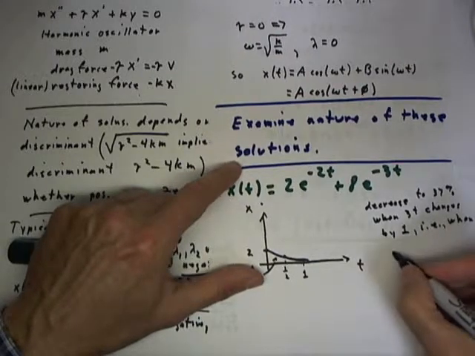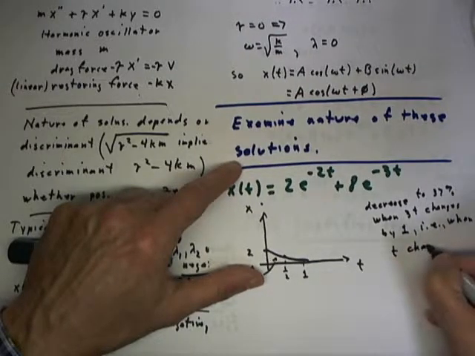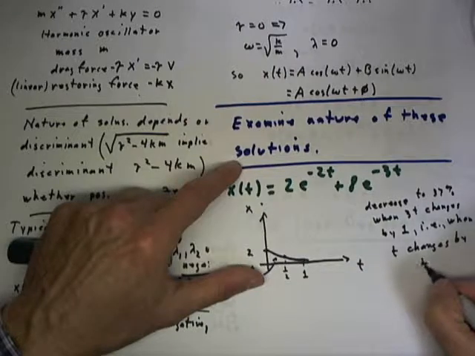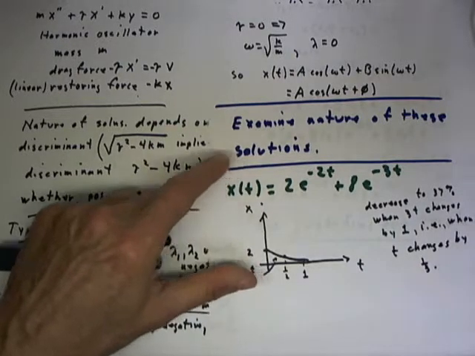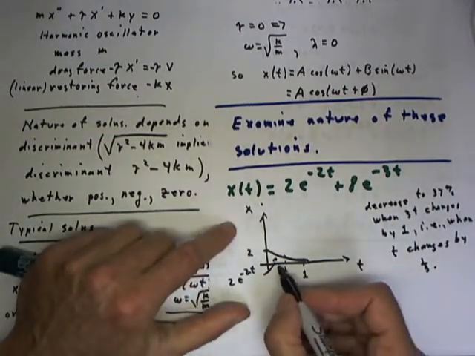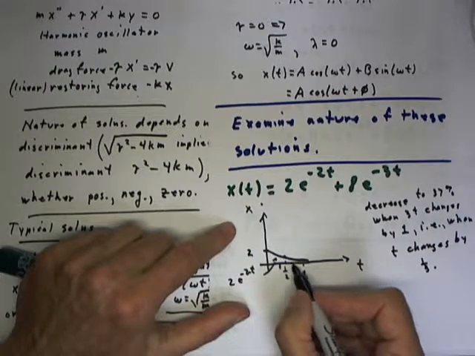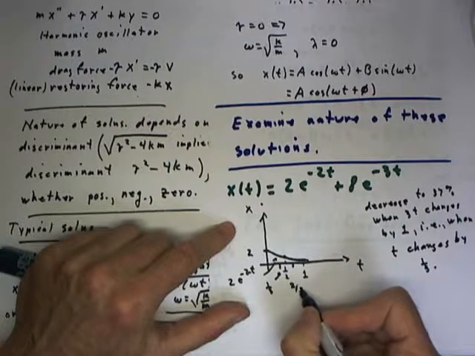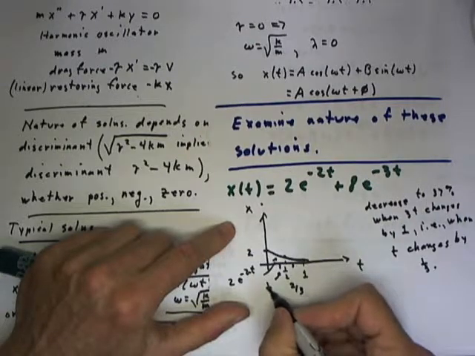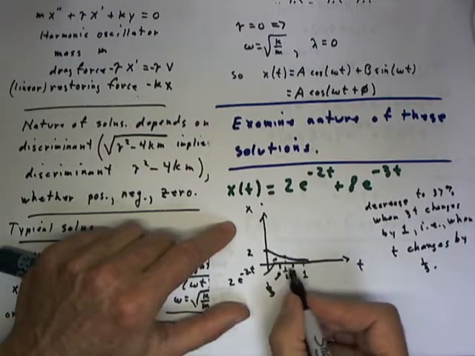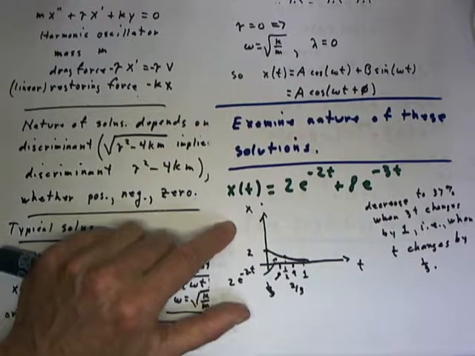And that occurs when t changes by 1/3. So we could write the 1/3 and 2/3 points on the interval from 0 to 1.